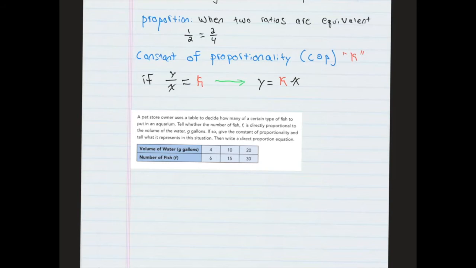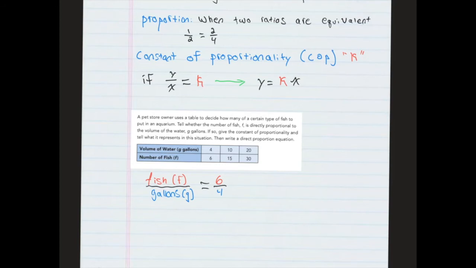So let's start out by kind of labeling what our variables are going to be. So we've got fish, okay, and we can call that F. And then on the bottom, we've got gallons. We just label it G. So as I look through each of these different ratios, I see I have 6 fish to 4 gallons.